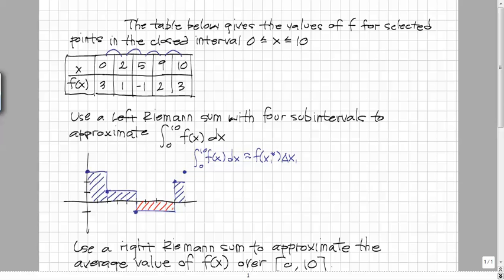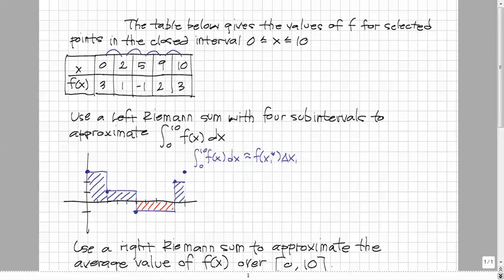And remember that x1 star just means that we're allowed to choose any x value in our first interval to be x1 star, and we've chosen to make it the left endpoint. I like to use this notation because it allows us to have the same subscript numbers in both parts of this first term, and for each term they'll match up. I think that helps us understand what we're doing.